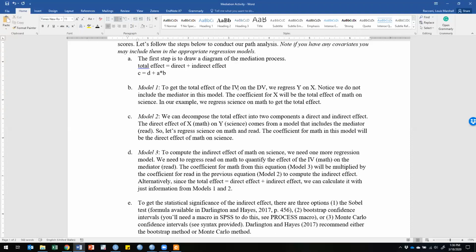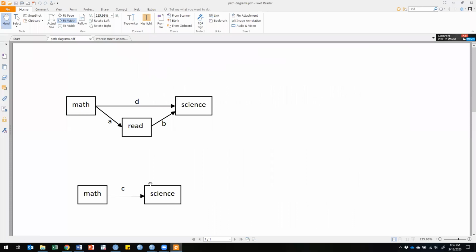So we regress science achievement on math achievement. Notice in this model, we don't include any mediators; none of the mediators are in this path diagram. To get the total effect, we want to know just what is that total relationship between math and science achievement. And then we're going to decompose the total effect of math achievement into a direct effect and an indirect effect.